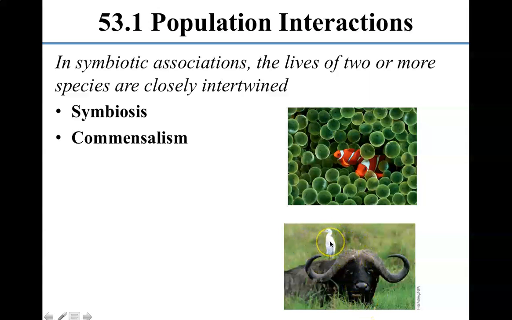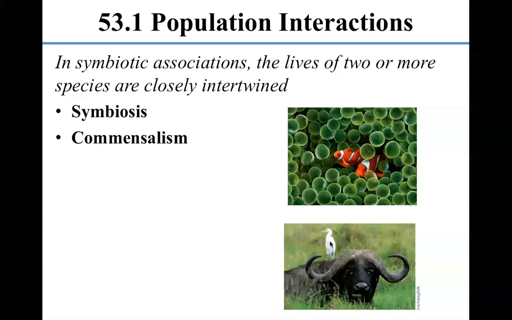The bird benefits from this relationship because when the buffalo is grazing, it stirs up insects in the field and the bird swoops down and eats them, so it gets a meal. So what benefit does the buffalo get? Well, nothing. But it doesn't care. It's not harmed, nor is it hurt by the presence of the bird.